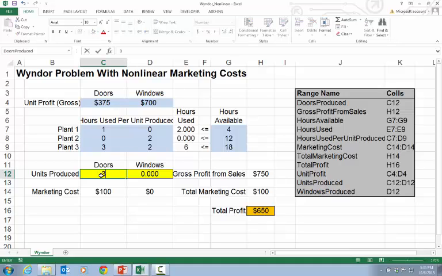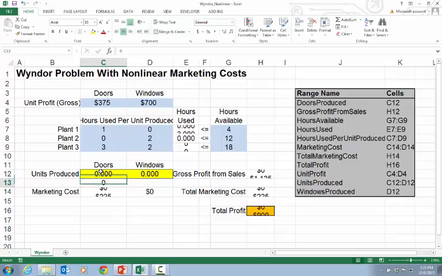And the third door goes from $650 up to $900, as we go from 2 to 3. So that one only added $250. So again, you've got this decreasing marginal profit.